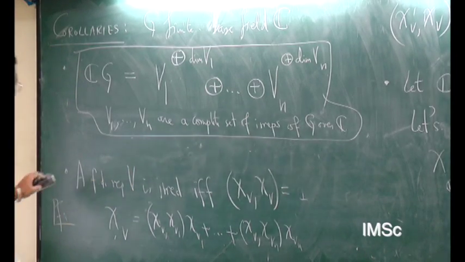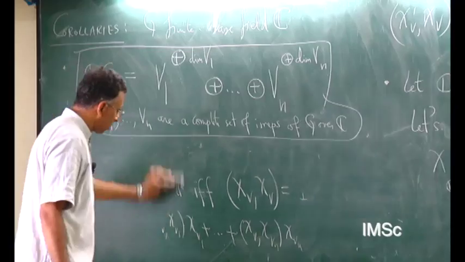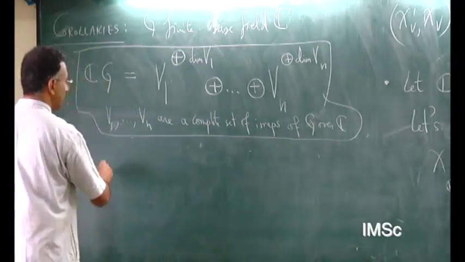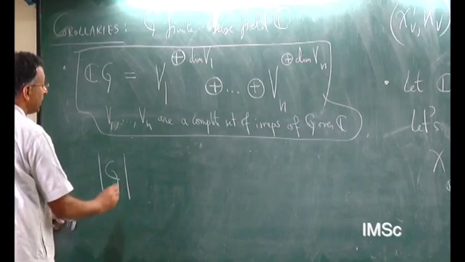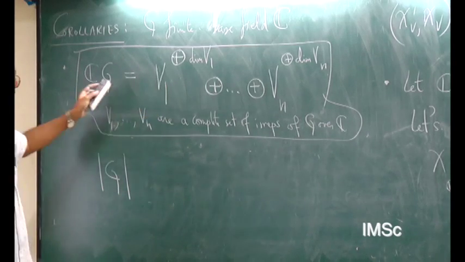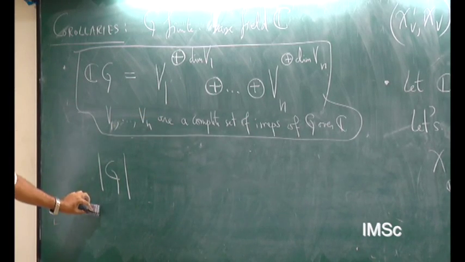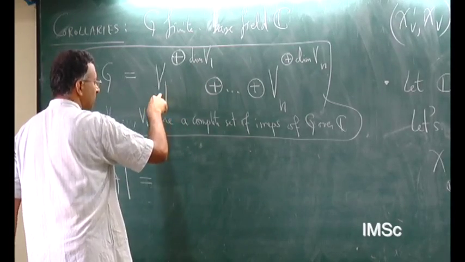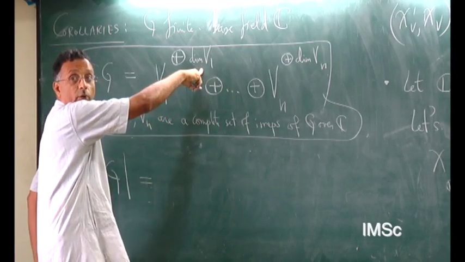Right. Okay. Now, one more corollary is that, taking dimensions on both sides, the cardinality of G equals the dimension of this. The dimension of V1 occurs dimension of V1 times.